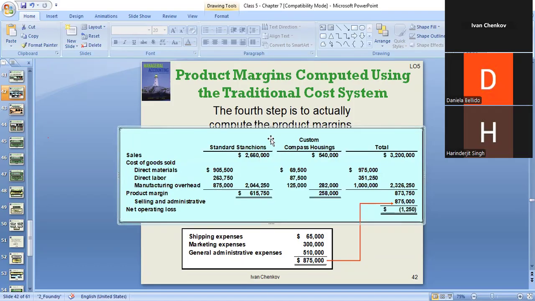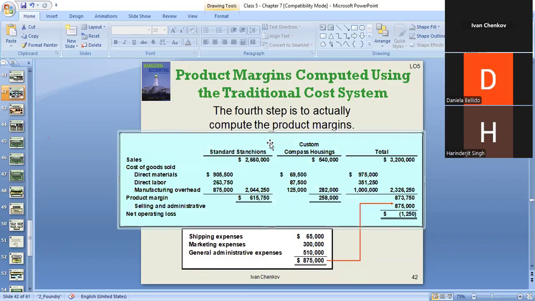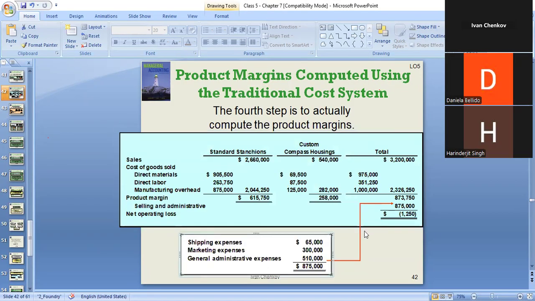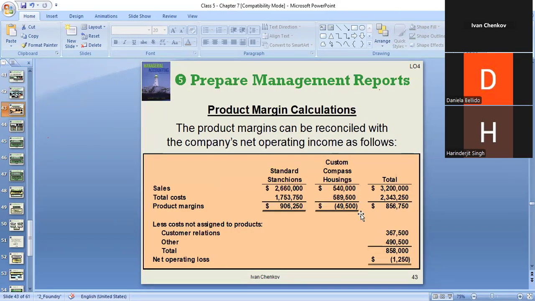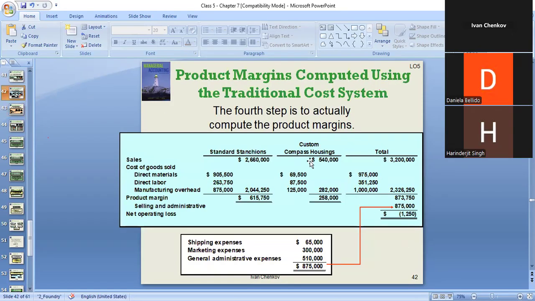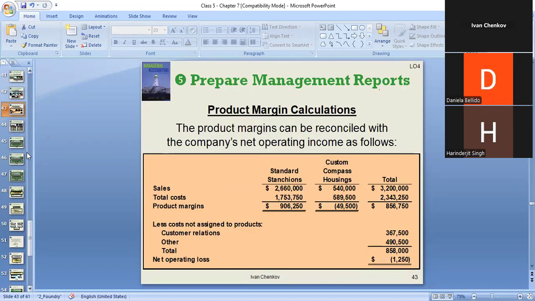On the traditional, which gives you those numbers, or on the activity-based costing, which gives you these numbers? What are you going to say if somebody asks you, which one should I trust, traditional or activity-based costing? Which one gives you a more accurate allocation of the cost, and a more accurate picture of my company?